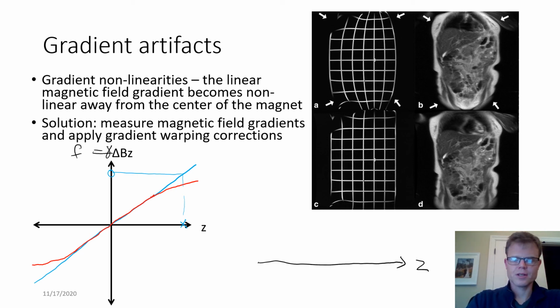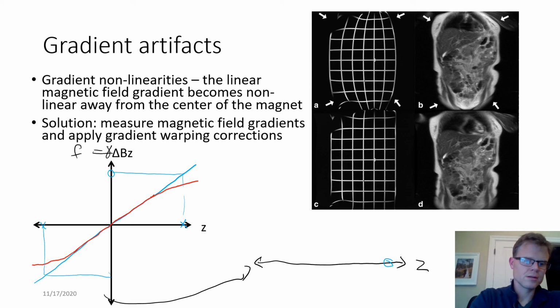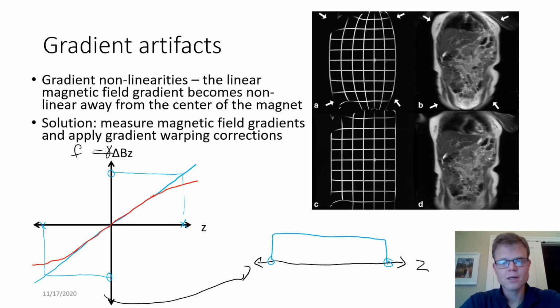So when we reconstruct an image, you would expect, when we take this frequency and map it back to position here, the signal to be here, and similarly on the other side. So we might expect to get our object that looks like this.